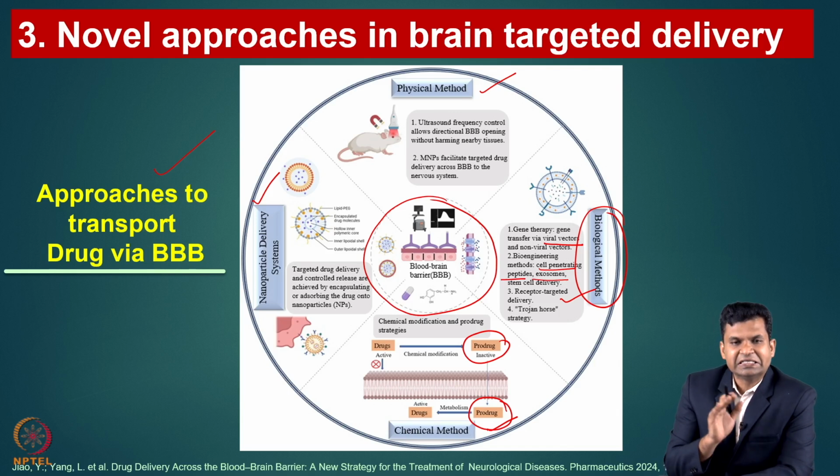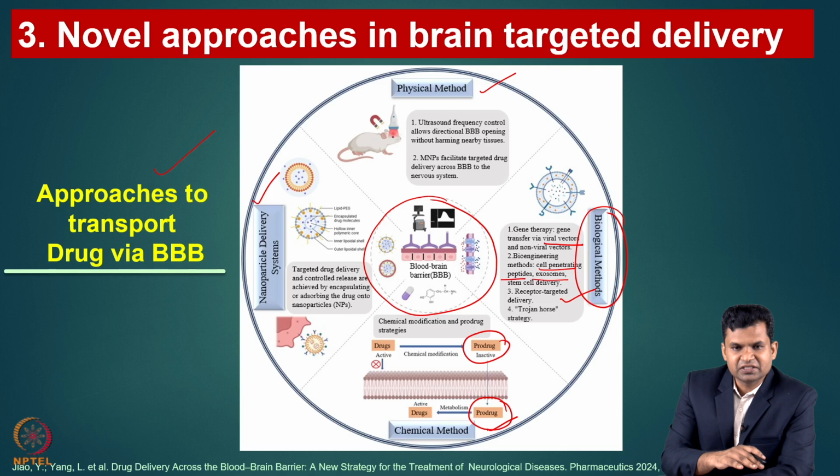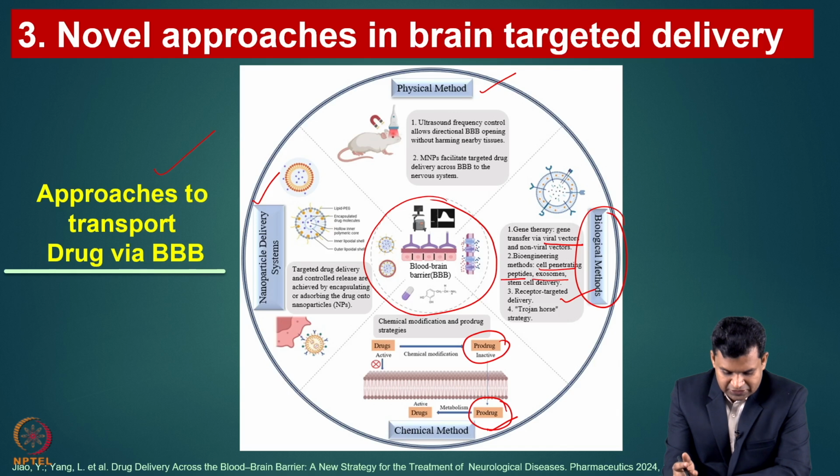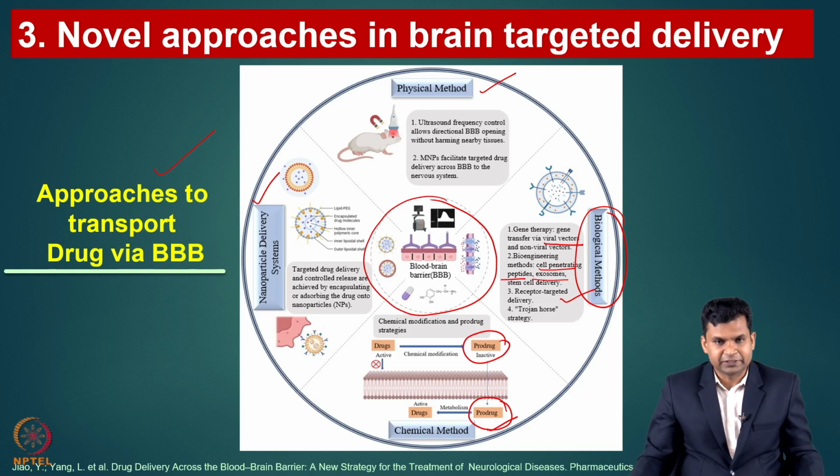Not only that, if any drug has low permeability, you can conjugate it with a lipophilic molecule which will help it travel through the cell membranes, and that will improve permeability too. So, these are the various approaches: nanoparticulate, physical, biological and chemical methods, by which we can target the brain.